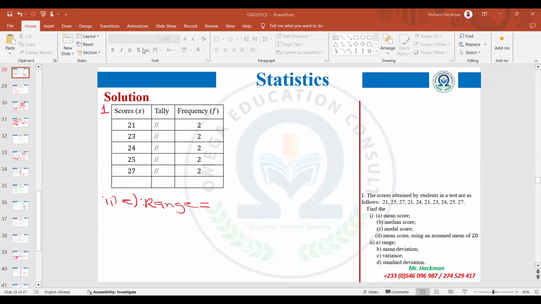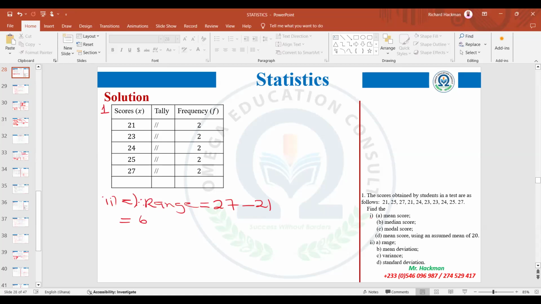In terms of the ungrouped data, the smallest observation will be the first one, and the largest will give us 27 minus 21. You write close to the margin when you move to the next line. So 27 minus 21 will give us 6. So the range will be 6. Is that clear?